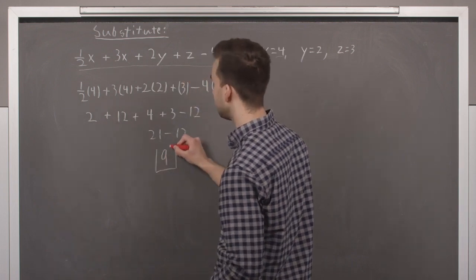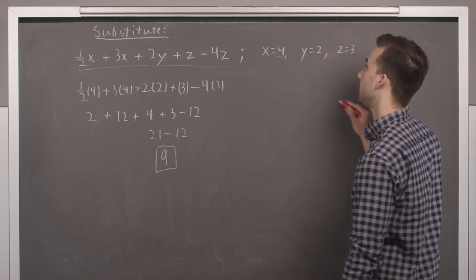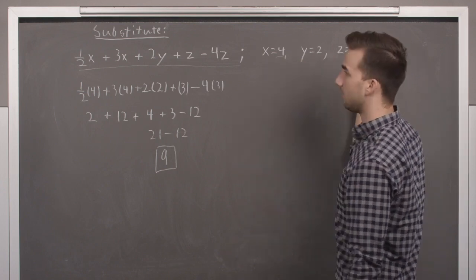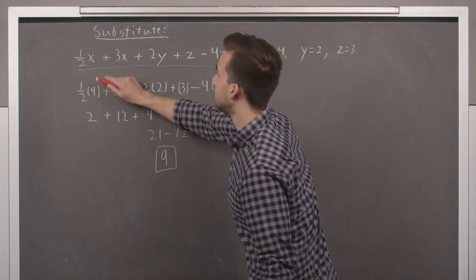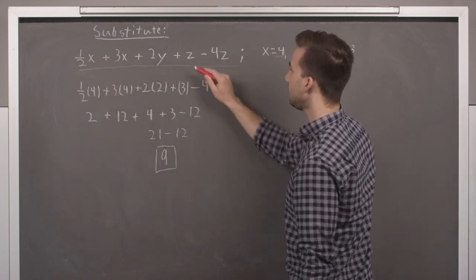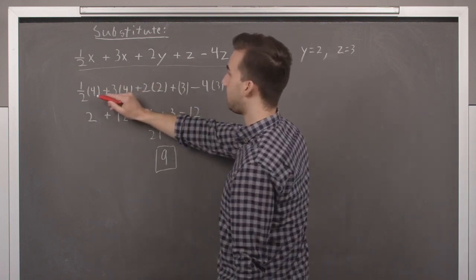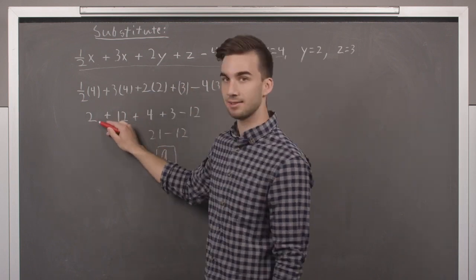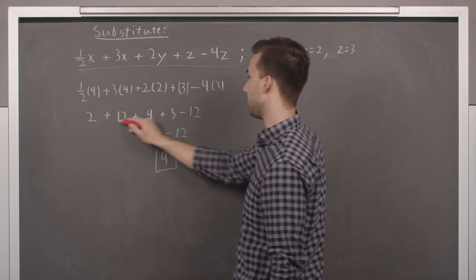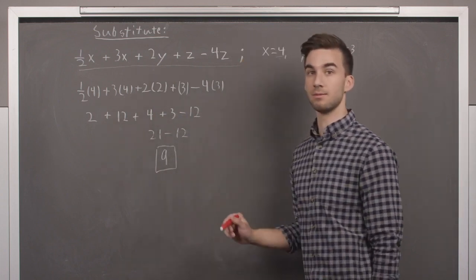So 9 is our solution. Once again, the steps we took is we substituted all of the variables into their respective spots. And so we were left with this. From here, we did all the little multiplication problems first, and then after that, it was just a basic addition and subtraction problem, and that gave us our final solution for this example.